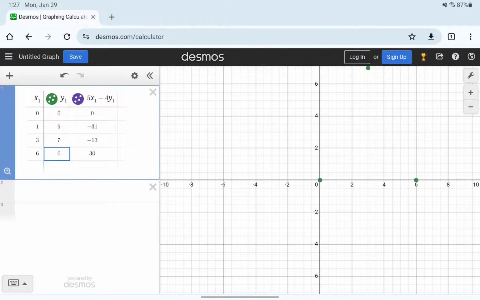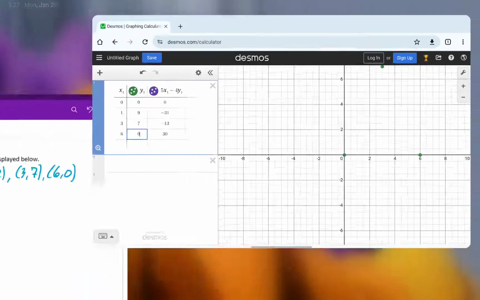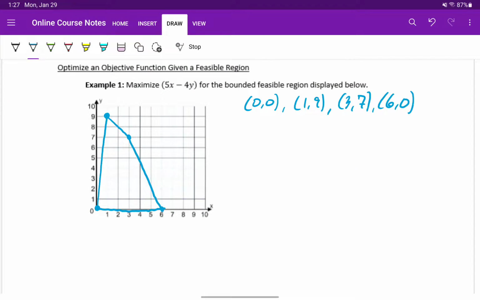We're looking for the largest value, the maximized value that occurs from these different corner points. In this case, that largest value is 30, and that occurs when x is 6 and y is 0. So our optimal solution occurs at (6, 0), and that optimized function value is going to be 30.